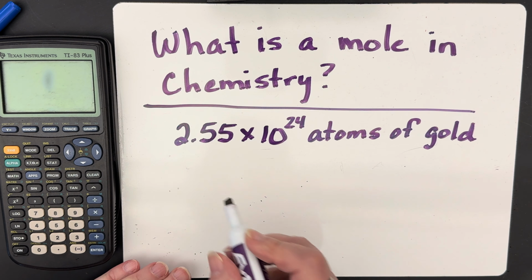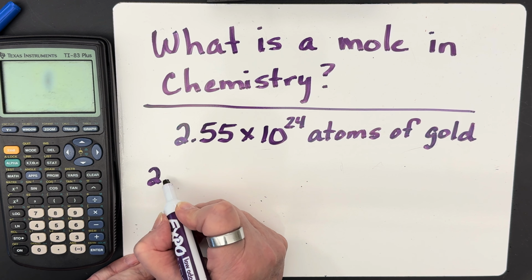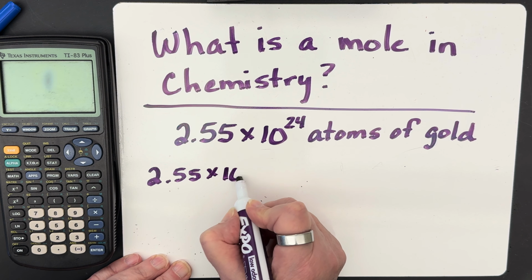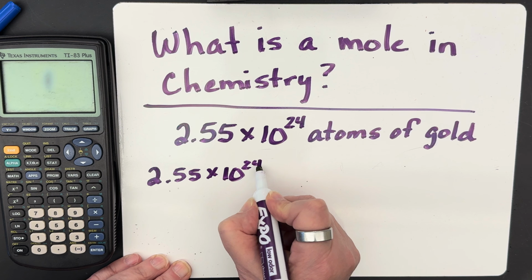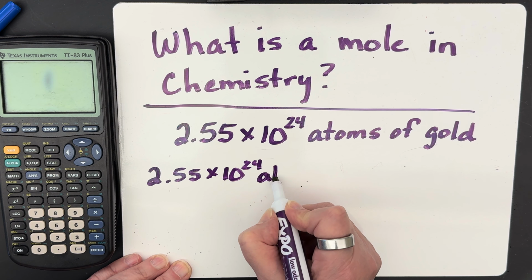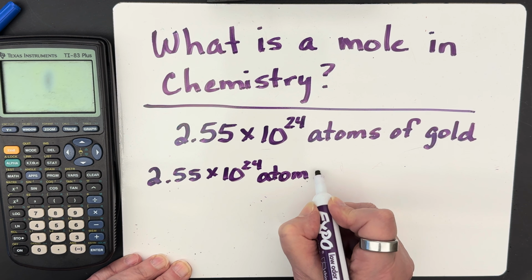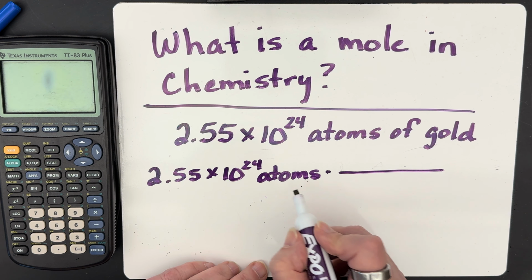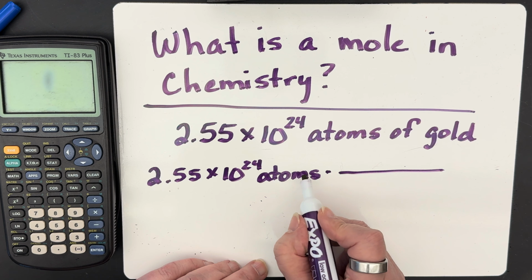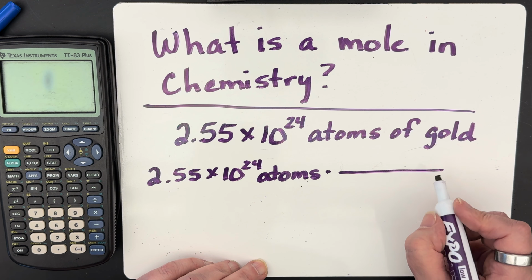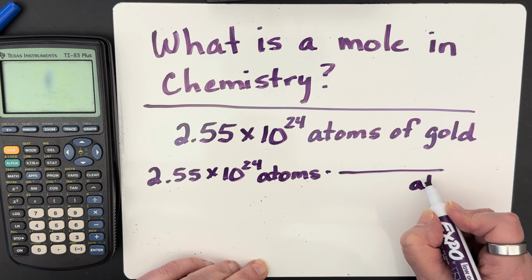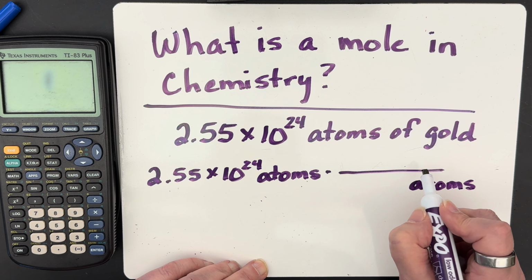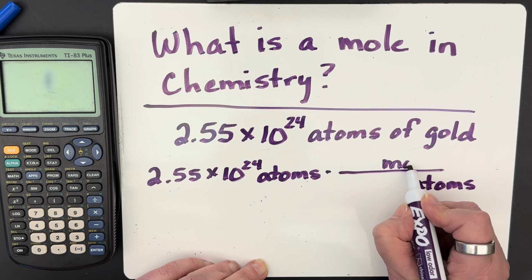Well, always start with what we're given. And our conversion factor has to have the same unit as the units we were given. So we were given atoms, so atoms has to go on the bottom so that it will cancel. And we're trying to find how many moles that is.